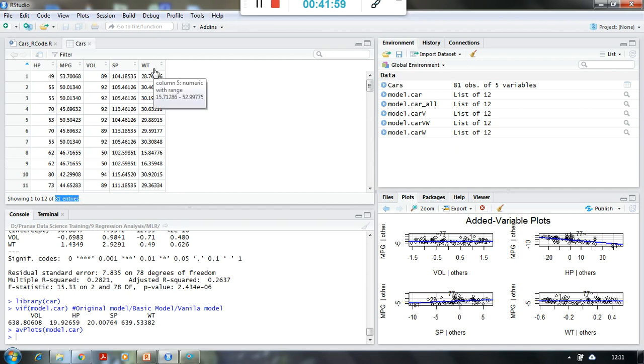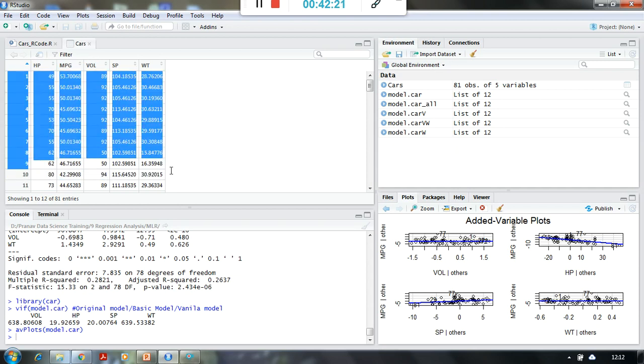So instead of missing 81 entries, can I check whether there is a possibility that one of the values of weight is an outlier, and because of that weight is not contributing? That is a possibility. Okay, so which observation has an outlier value in weight or volume or HP and SP?